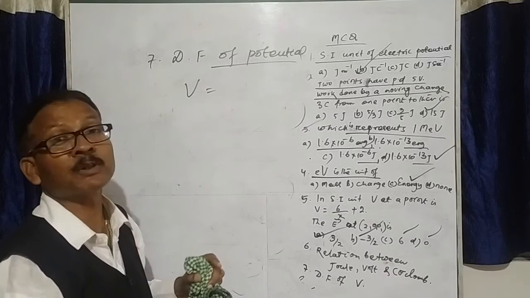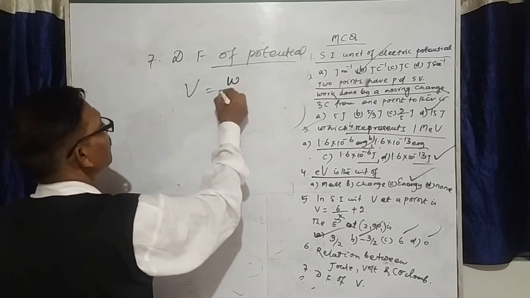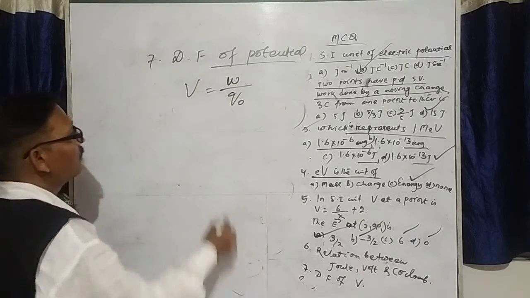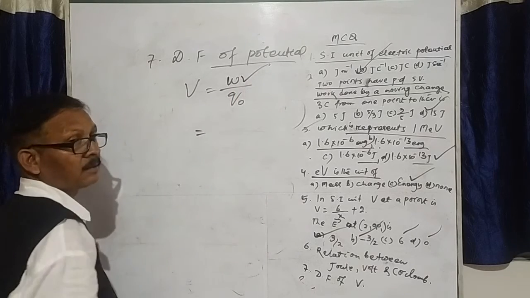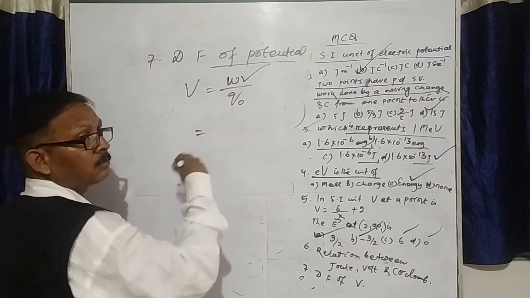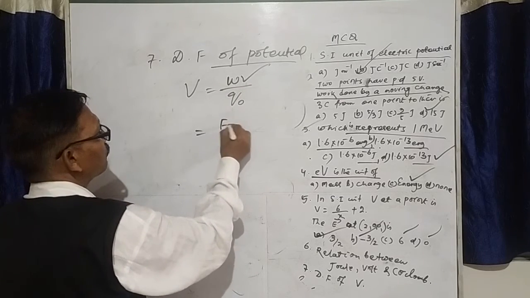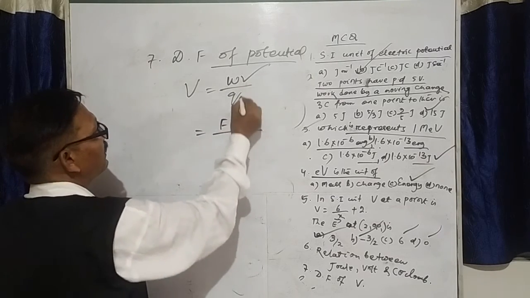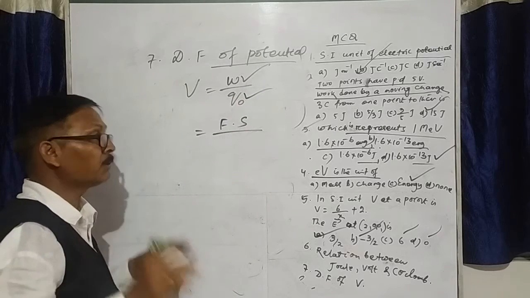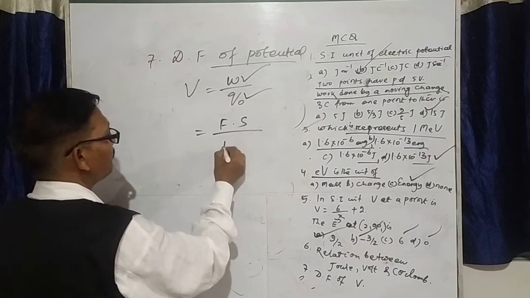So what is the formula of potential? Potential is equal to work done per unit charge. Work done, what is the dimensional formula? Force into displacement, divided by Q. Q is not fundamental, so you convert Q is equal to IT.